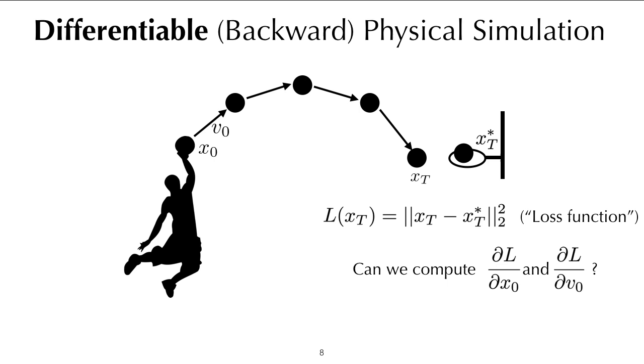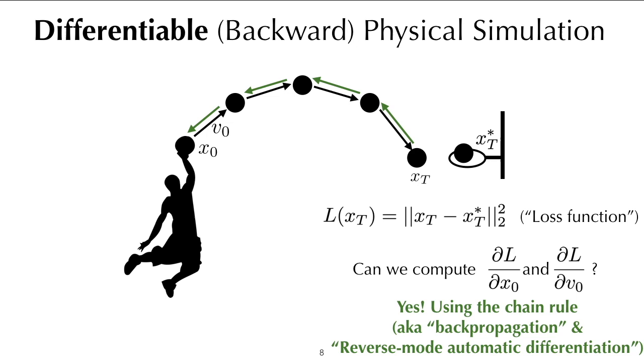So after defining the loss function, one natural question to ask is, is it possible for us to somehow compute the partial derivative of L with respect to x_0 and partial L with respect to v_0? And it's actually not hard. You can just use the chain rule, or some people call it backpropagation or reverse mode auto-diff.